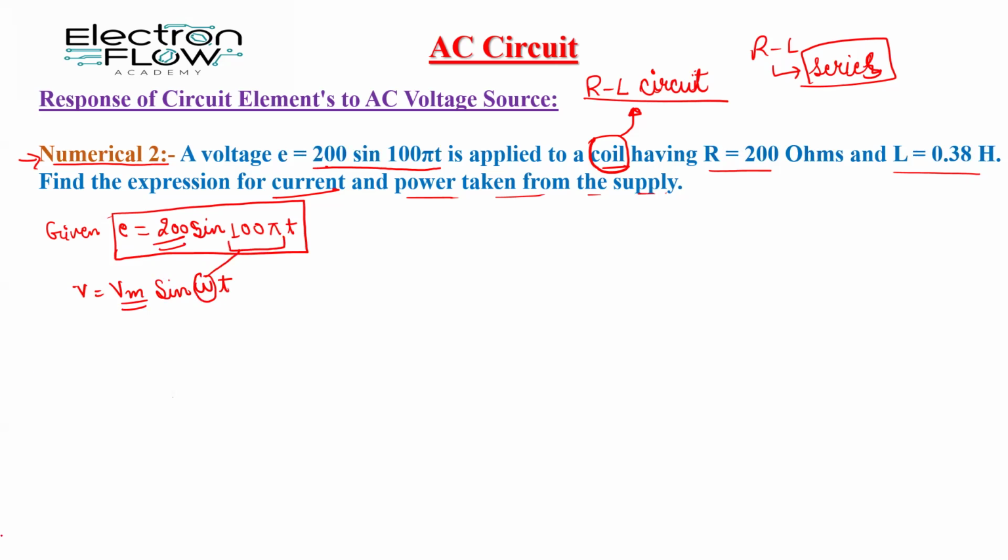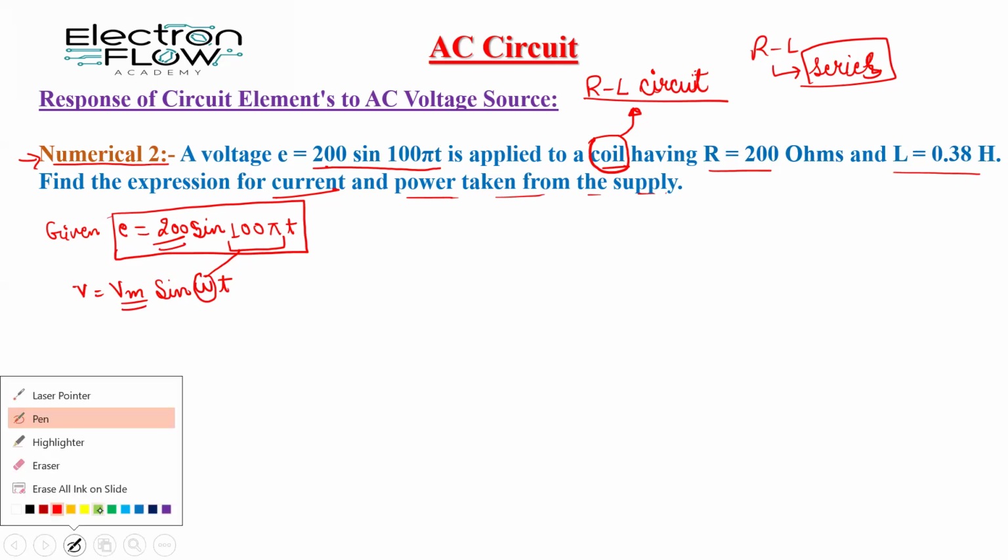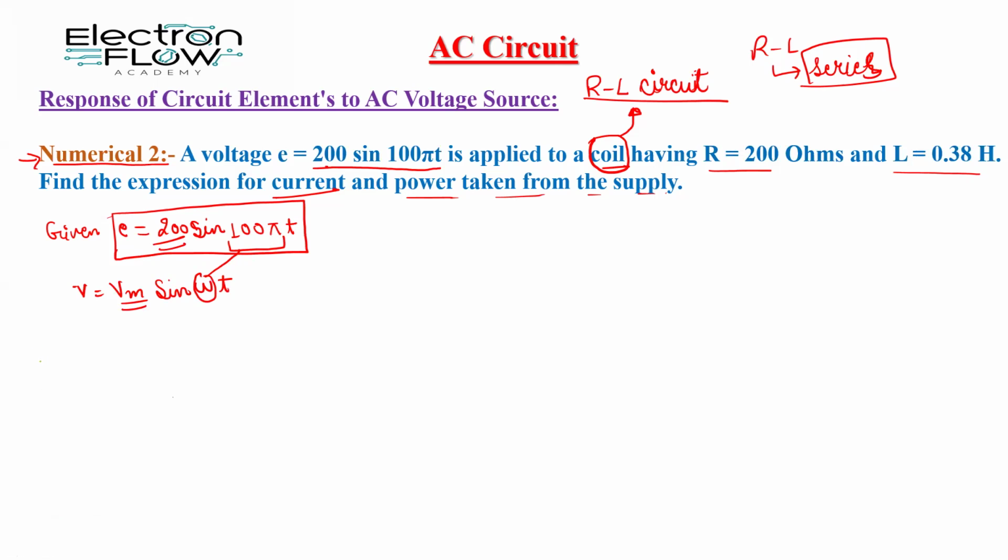Another important thing is that here we need the RMS value. So the RMS value of the voltage will be E is equal to Vm by root 2, or we can say E is equal to the maximum value 200 divided by root 2 at an angle of 0 degree.